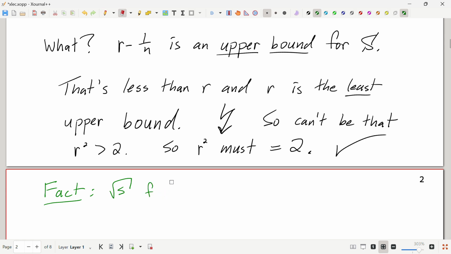The square root of s for positive s exists too. So we're done with that.